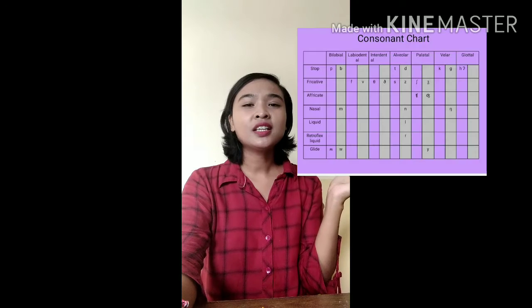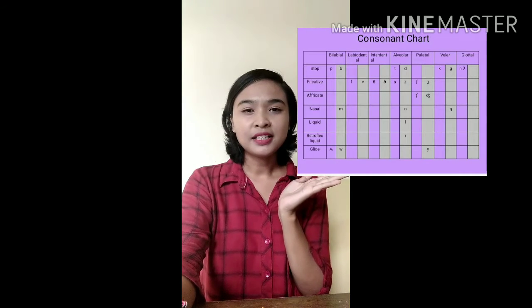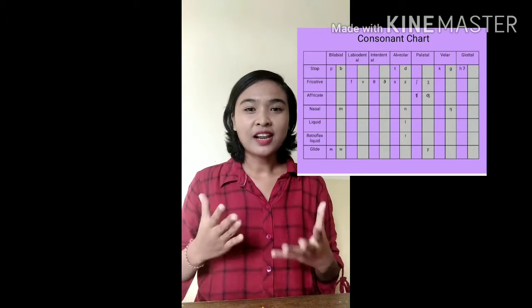When we produce consonants, the places of articulation are like this: bilabial, labiodental, interdental, dental, alveolar, palatal-alveolar, palatal, velar, uvular, pharyngeal, and then glottal. Also, here is the consonant chart showing how the human body makes consonant sounds or letters.